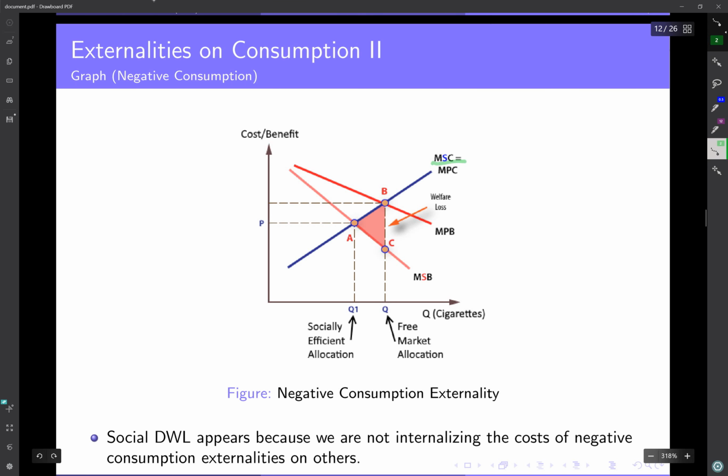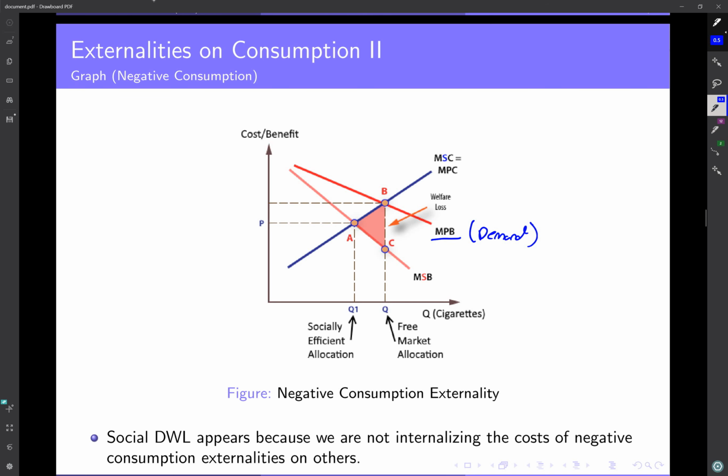So our marginal social cost is equal to our marginal private cost. Okay, so that's because we have no externality on production. But now we've got our marginal private benefits, which is, again, our demand. And here it's different than the marginal social benefit. Our marginal social benefit is going to be lower than the marginal private benefit because of this cost that's been levied on through this consumption.